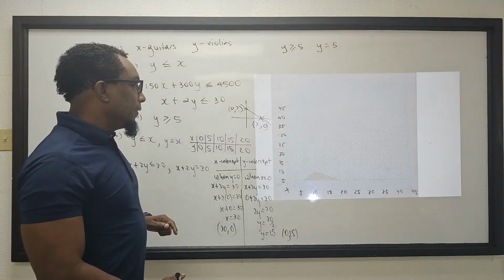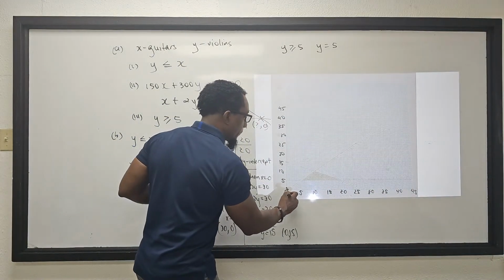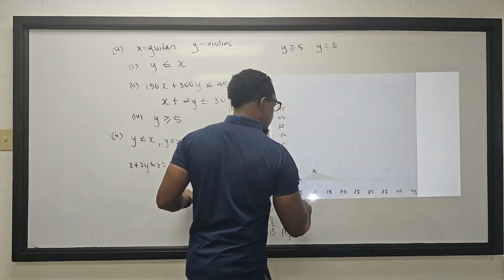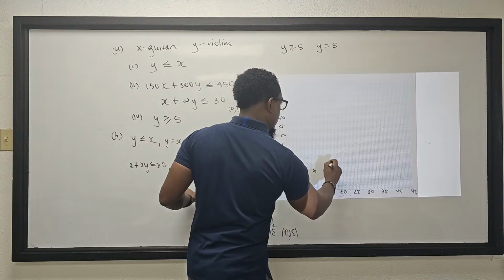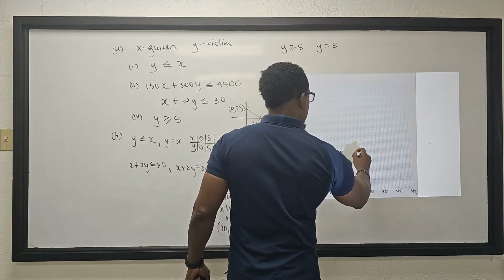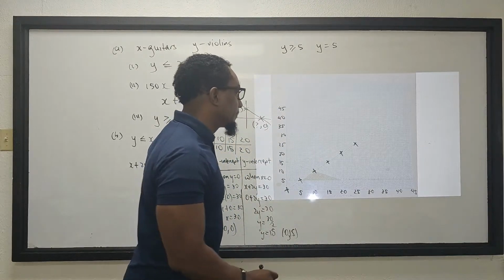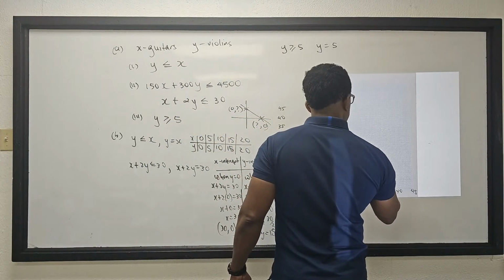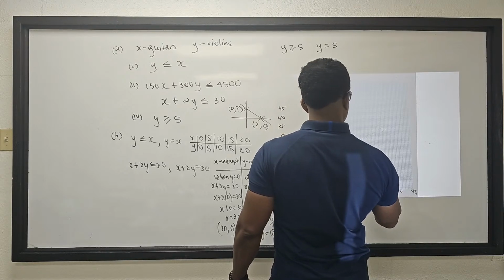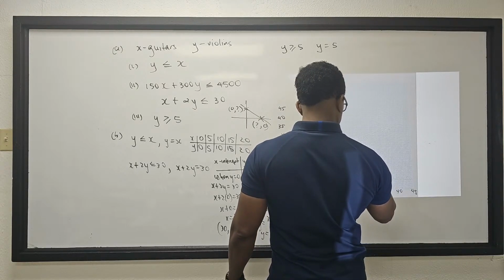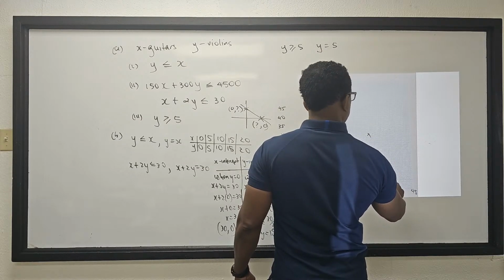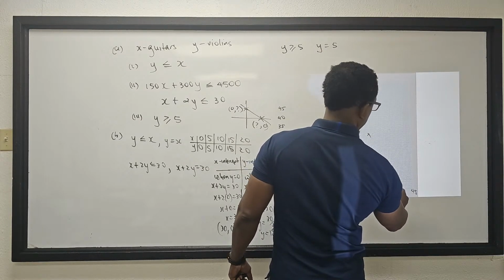So I'm going to plot my first point, which is (0, 0), (5, 5), (10, 10), (15, 15), (20, 20), (25, 25), (30, 30), (35, 35).